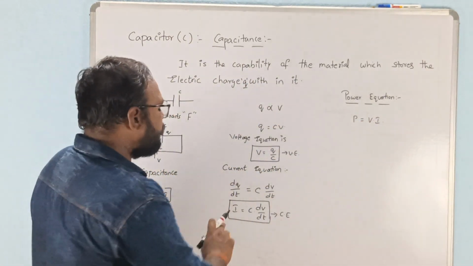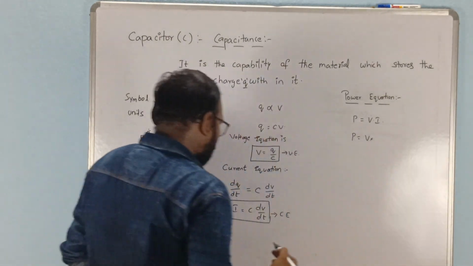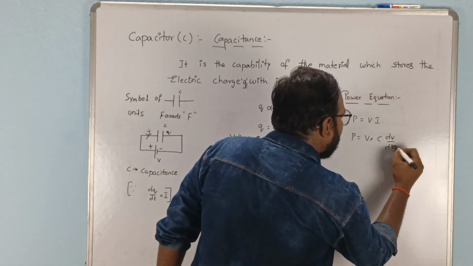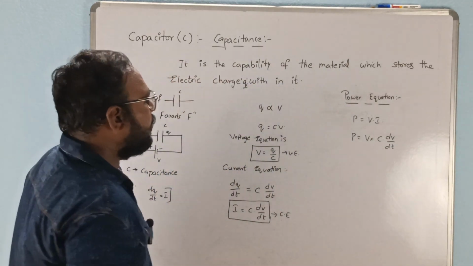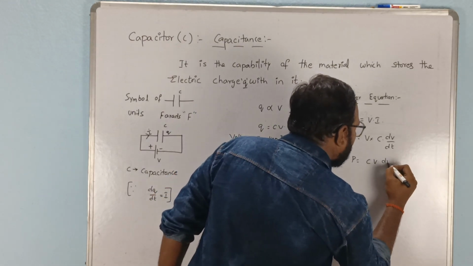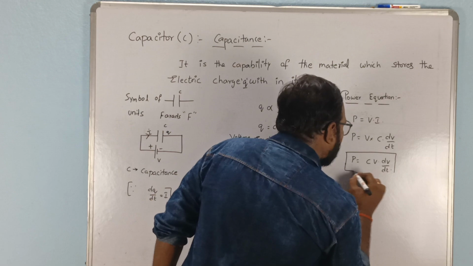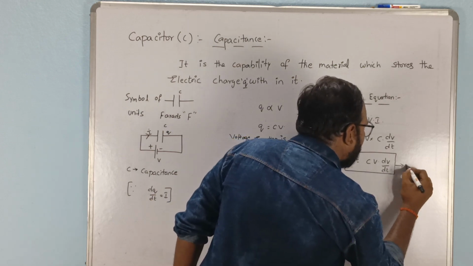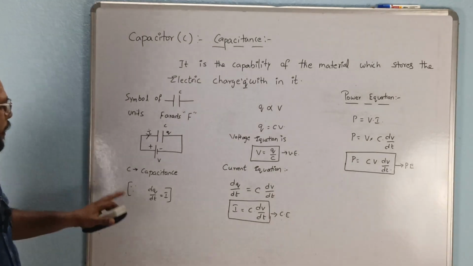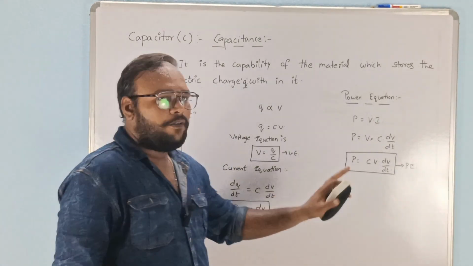Substitute the current equation here: P is equal to V into C into dV by dt. So P is equal to CV into dV by dt. We call this the power equation. Now we have the voltage equation, current equation and power equation.